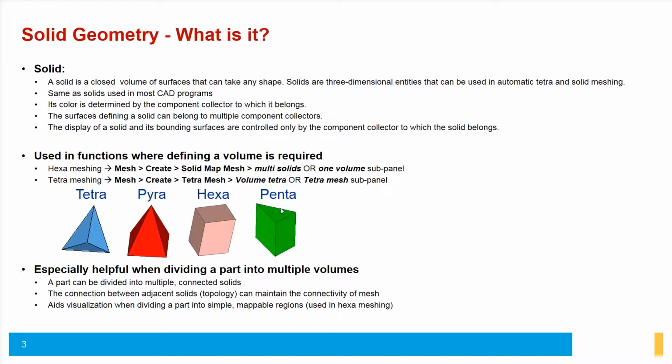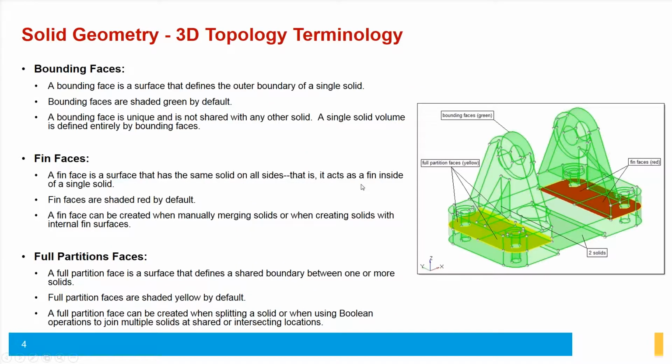Here's some basic terminology that we're going to be using. We have to divide the geometry. That's really the most intricate part of 3D mapping. We're going to see a geometry and split it, but the main terms that we're going to have are these partition faces.